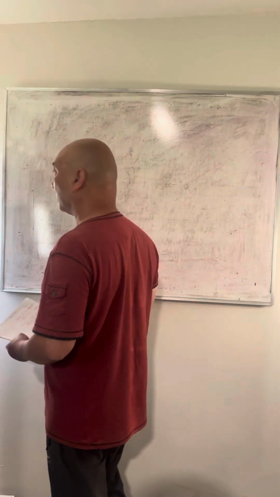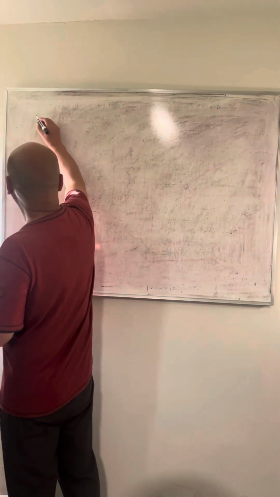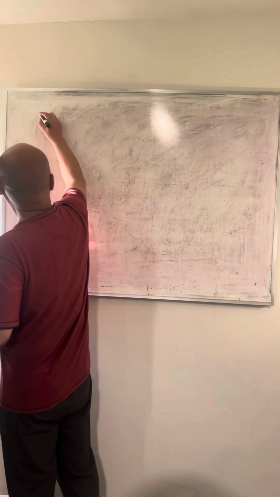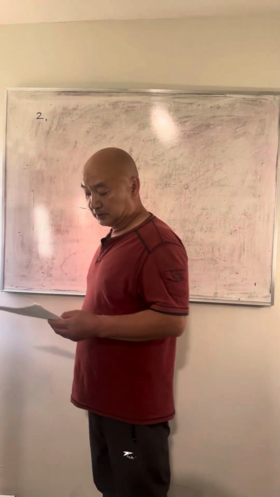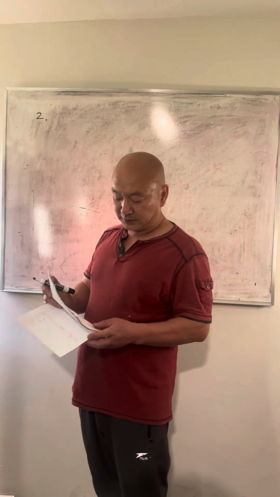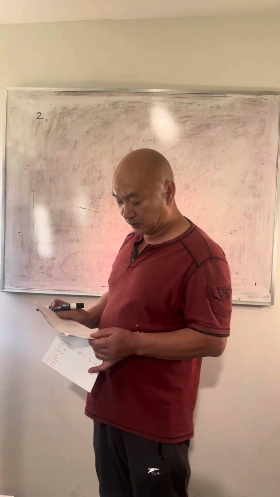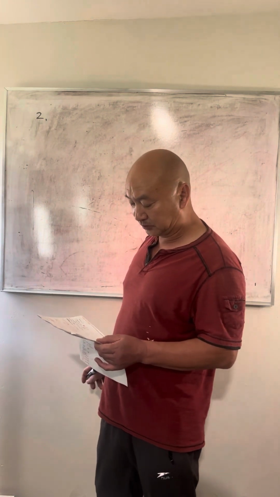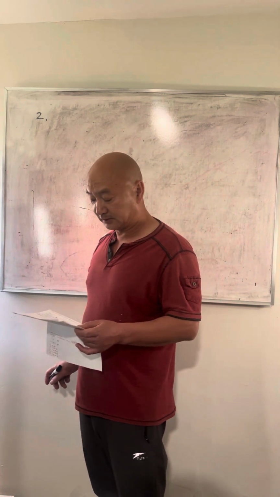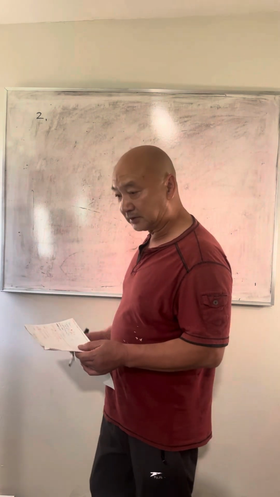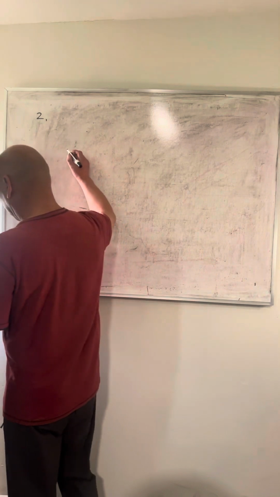Let's copy this question and write it as the second question. The question is: which of the following series cannot be shown to be convergent using the limit comparison test rule? Okay, let's write this one.